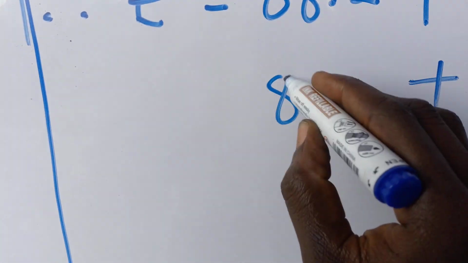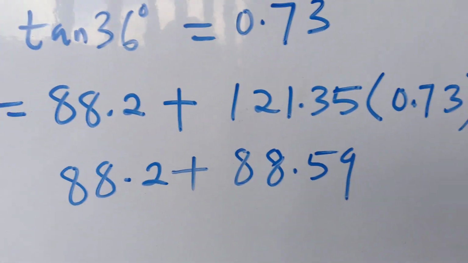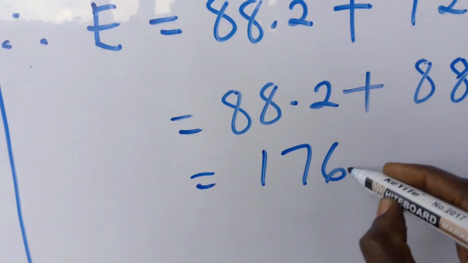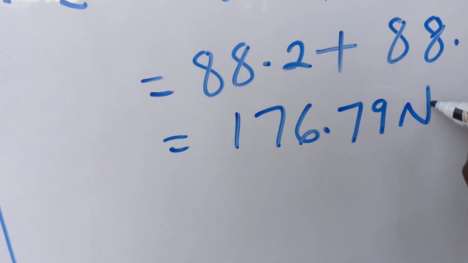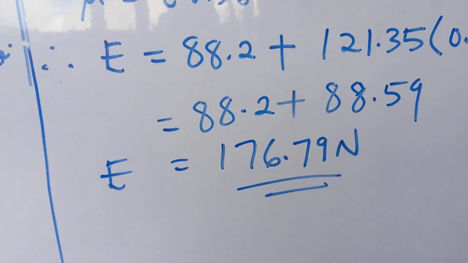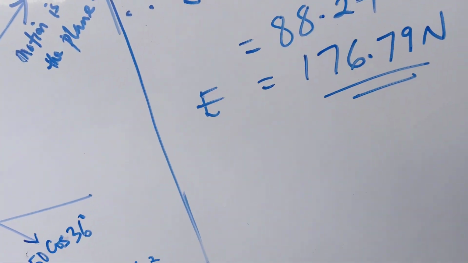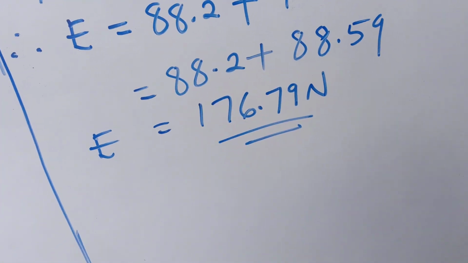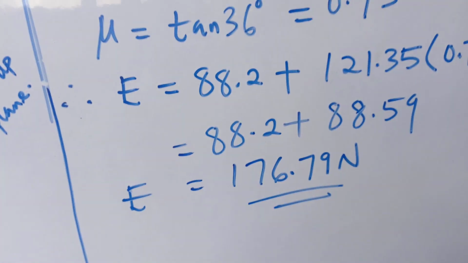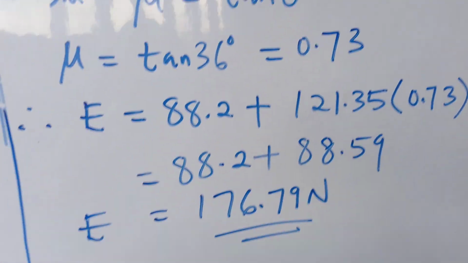Then add this to 88.2 with your calculator. What will you get? If you add them, you'll have 176.79 Newton. So this is the force that makes the block move up the plane.